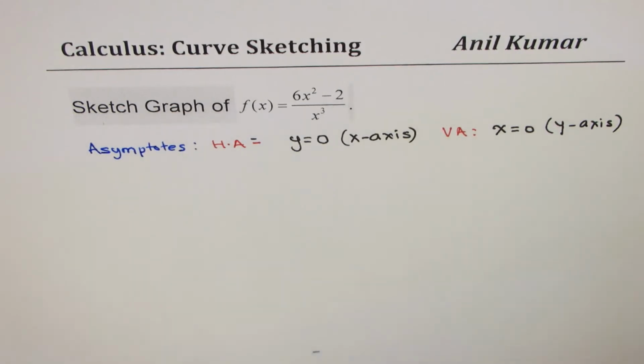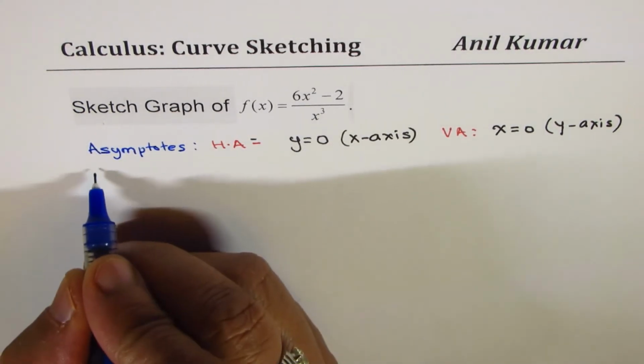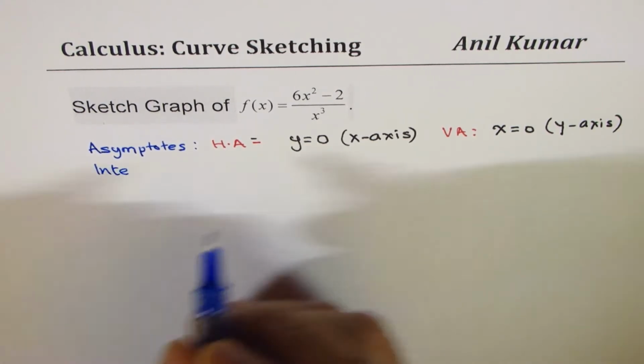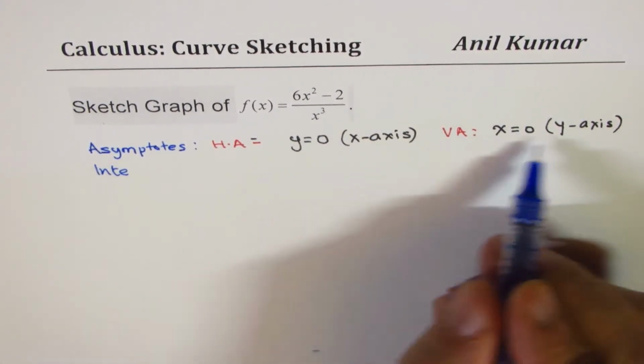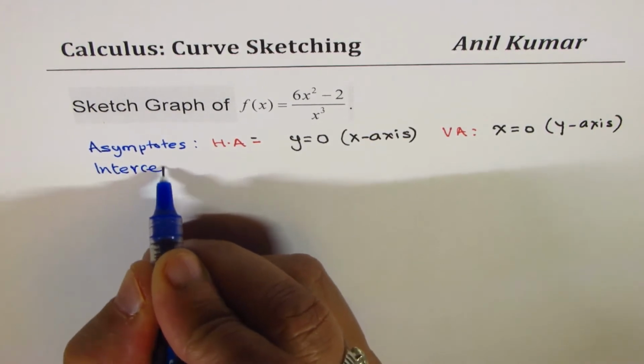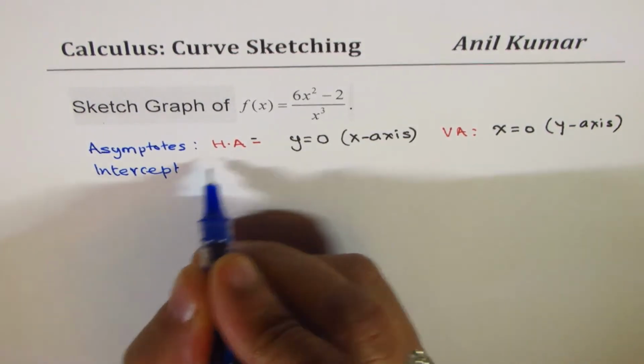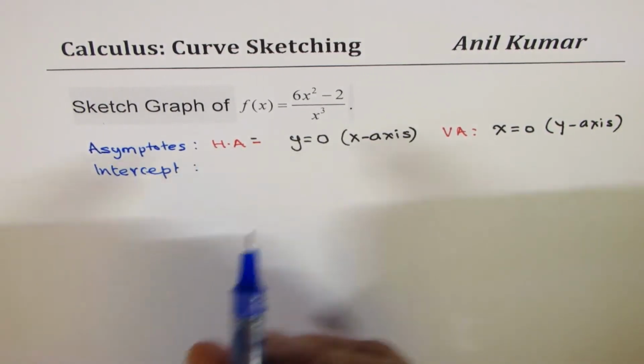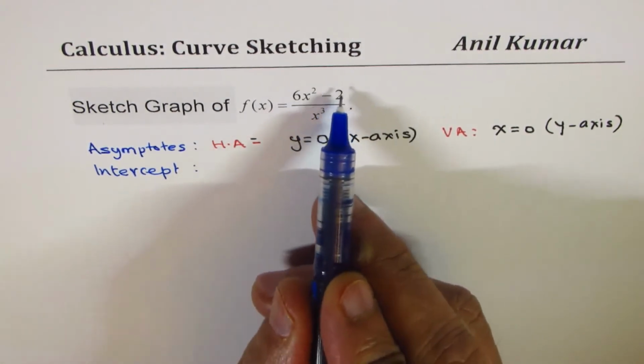Now let's also look into the intercepts. As far as intercepts are concerned, we will not have any y-intercept since we have a vertical asymptote, right? However, you can see it has x-intercepts.